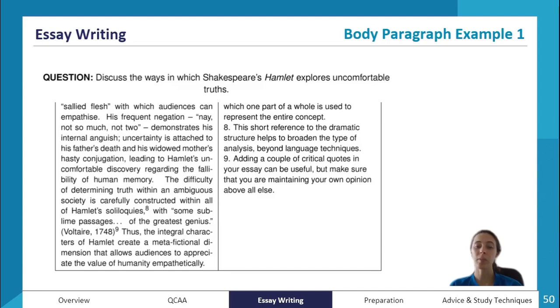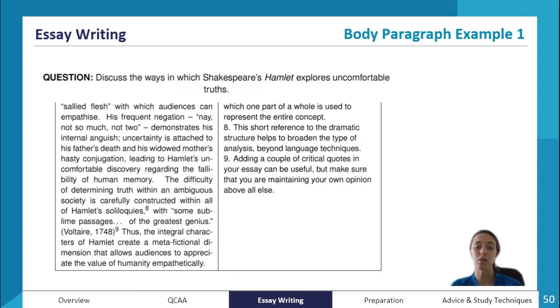And in this paragraph, you're looking beyond language techniques as well. "The difficulty of determining truth with an ambiguous society is carefully constructed within all of Hamlet's soliloquies." And we've got some quotes there to finish off as well.